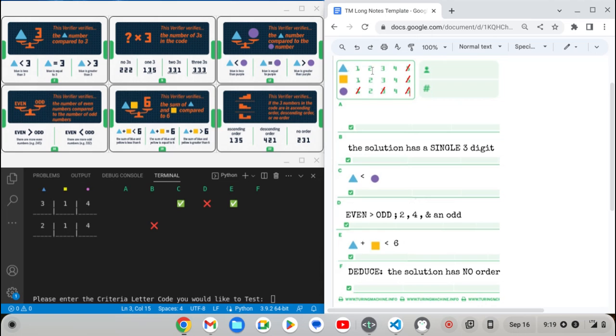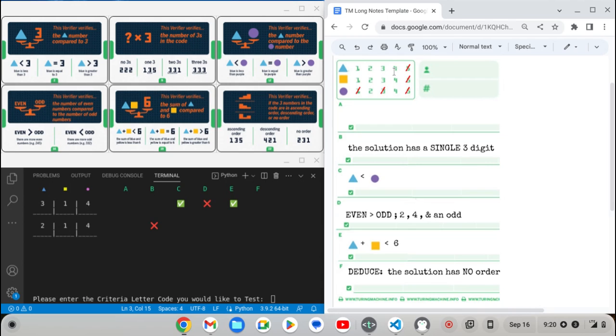So the question is, among triangle and square, which is going to be the odd? Well, the obvious may be that it could be triangle. So it could be 3, 2, 4. Yeah, because triangle has to be less than. So it's either going to be 3, 2, 4 or 1, 3, 2.